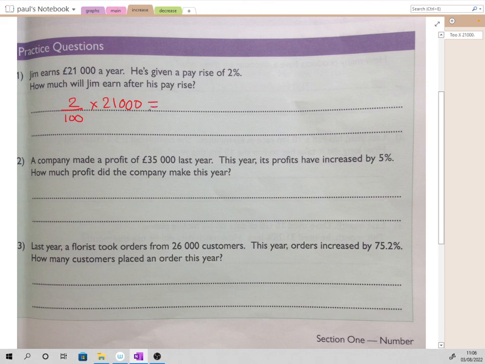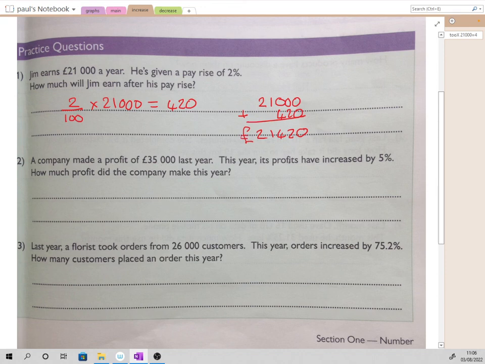So 2 divided by 100 times 21,000 equals £420. So to find out the pay rise, we do 21,000 plus 420, and the new money is £21,420.